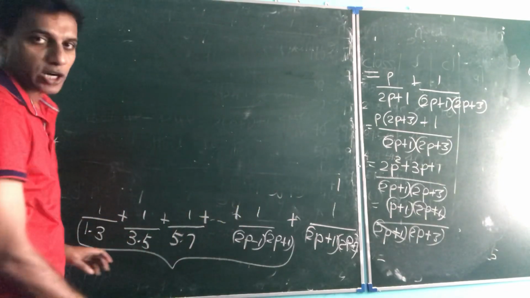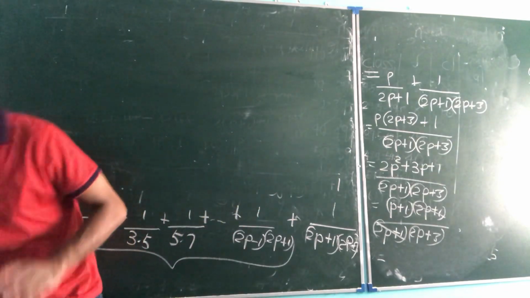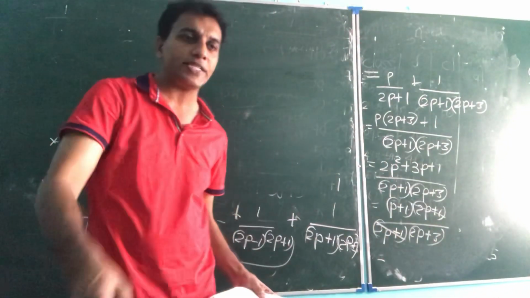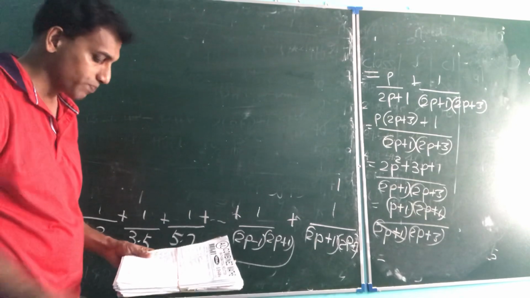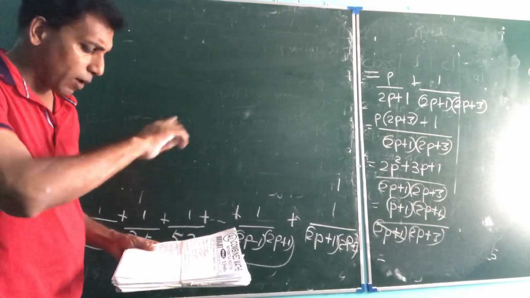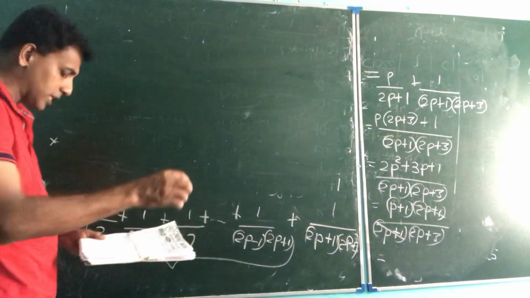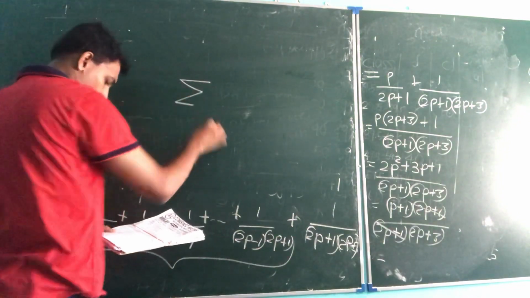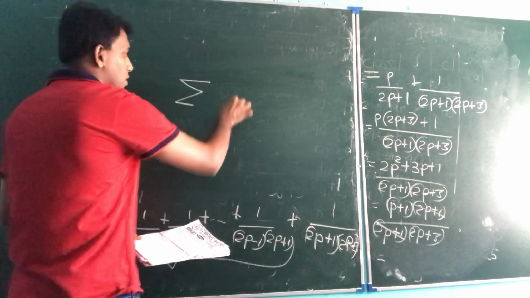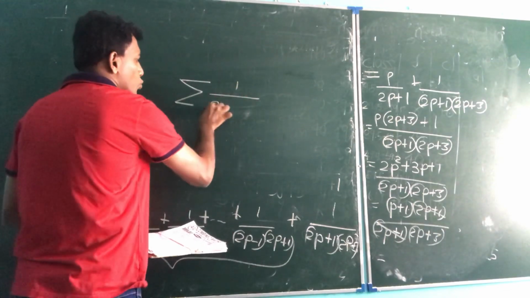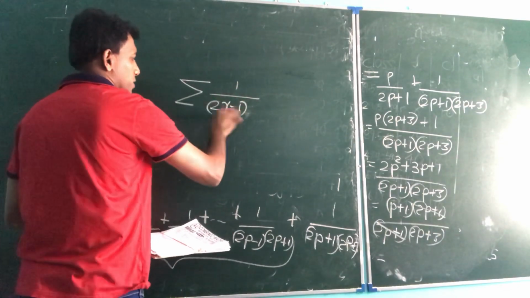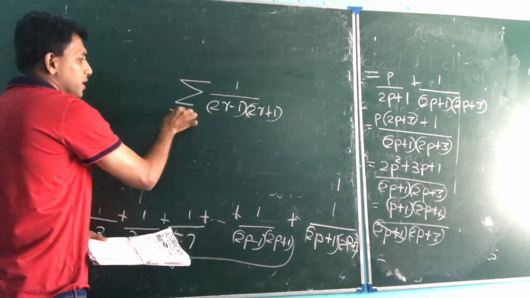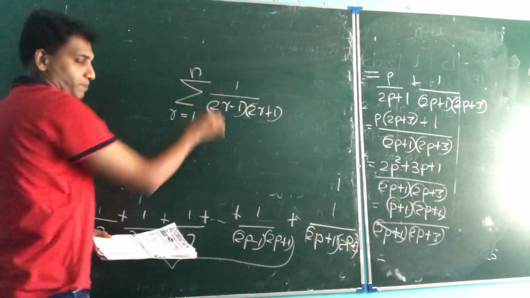The same question can be asked in the sigma notation, because I worked the 2020 and 19 problems, everything I showed in the previous videos. So the similar problem can be asked in sigma notation. Check sigma: what is the common term? 1 over (2r minus 1)(2r plus 1), r equal to from 1 to n.